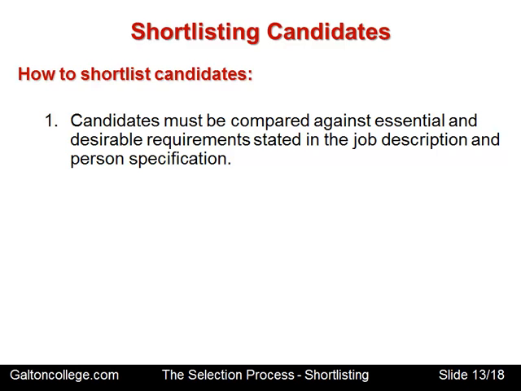And that should be set out before any applications arrive, so that all of the applications or all of the CVs that arrive in response to the job advertisement can be judged equally against a set of criteria. It's only fair that everyone is judged by the same set of criteria.